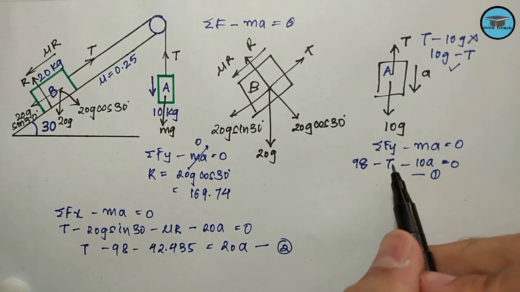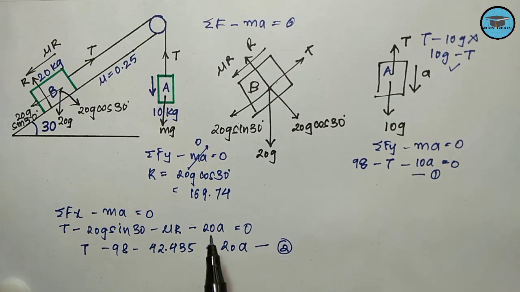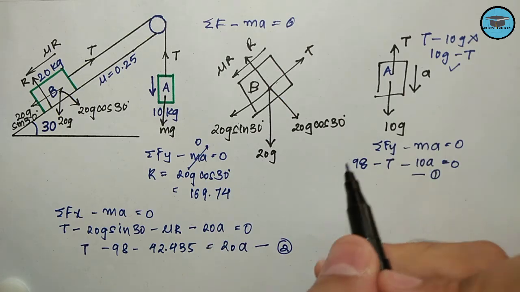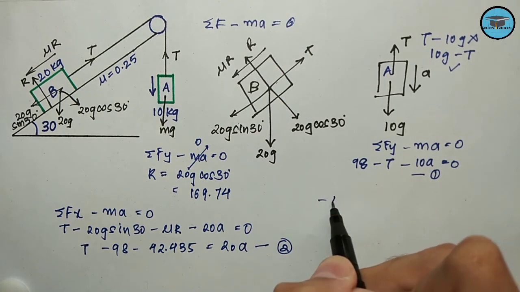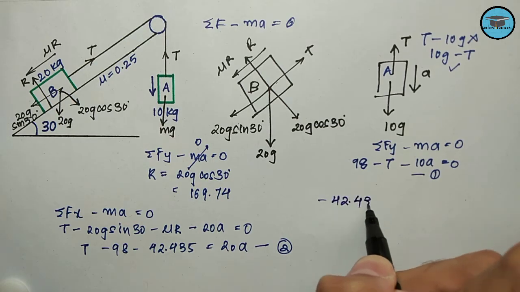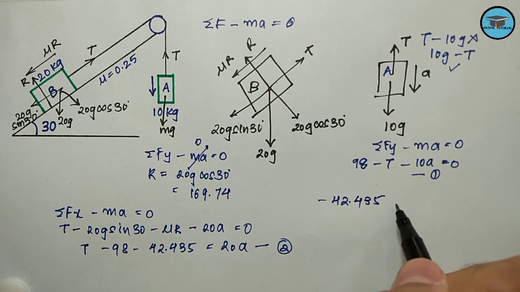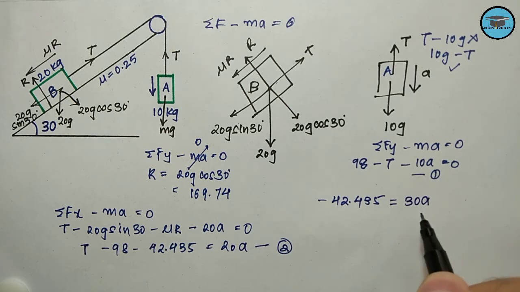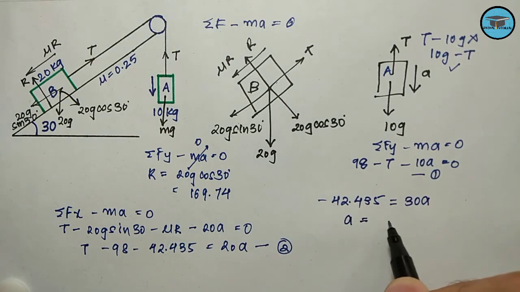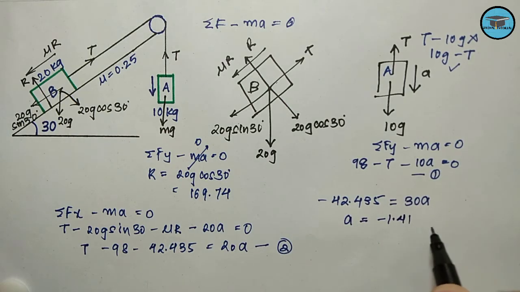Now we will be solving these two equations. So on solving these two equations, we will be getting minus 42.435, that is equals to 30a. Okay, so the value of a comes out to be minus 1.41 meter per second square.